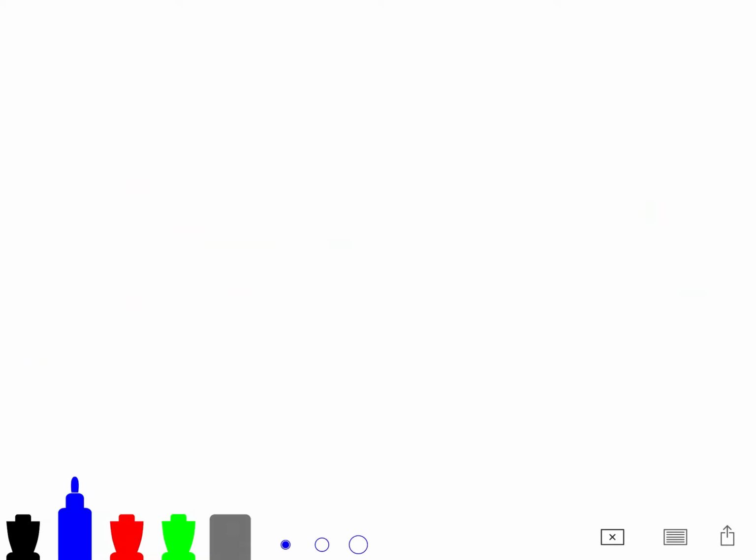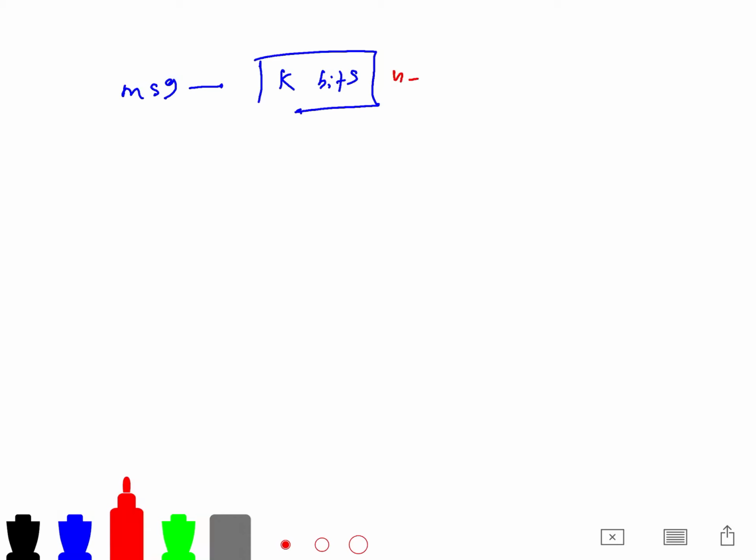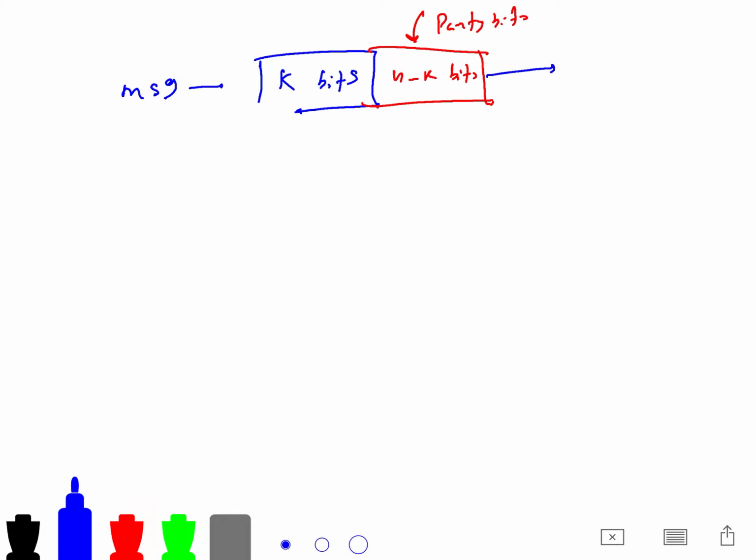For example, in block coding, you have a message. So your message is converted to k bits and some parity, n minus k parity bits. So these redundant bits that we add are called parity bits. So the final thing is n bits, the code length, the encoded signal.